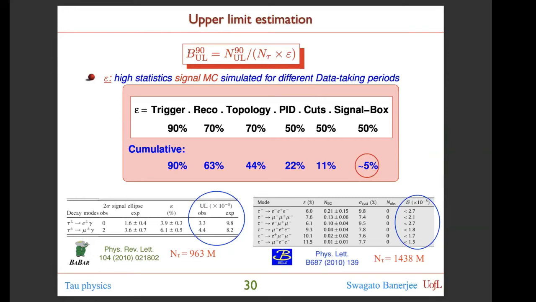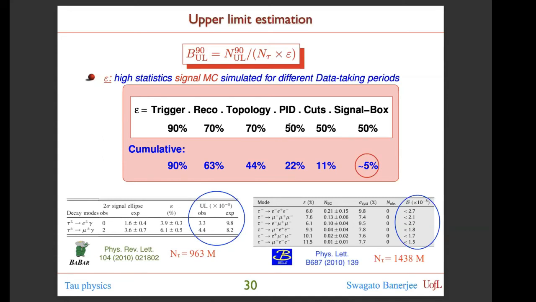The upper limit on the branching fraction is calculated using this master formula, which has in the numerator the number of signal events at the 90% confidence level, and in the denominator the product of the number of taus and the efficiency. The efficiencies are typically estimated using signal Monte Carlo, and have different factors, namely about 90% comes from the trigger, 70% reduction comes from the reconstruction of the final state, and the topology of the event can cause another reduction of 70%.